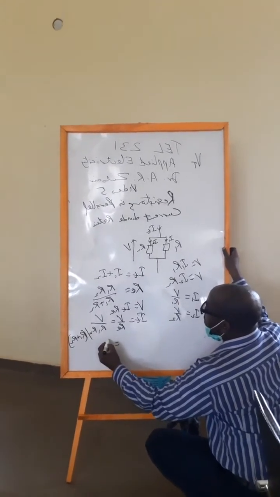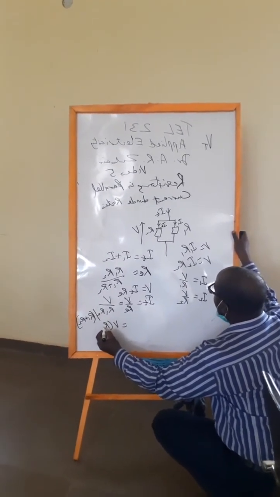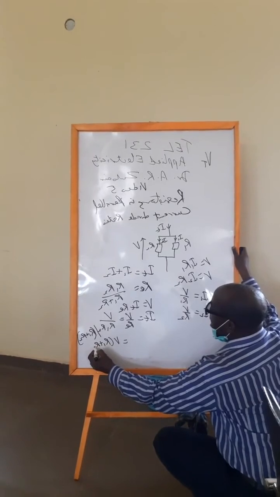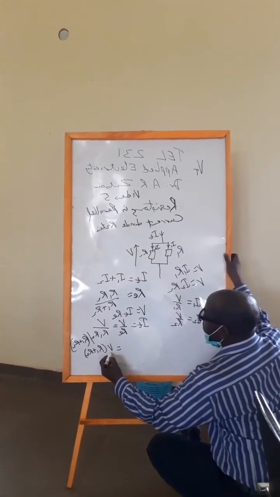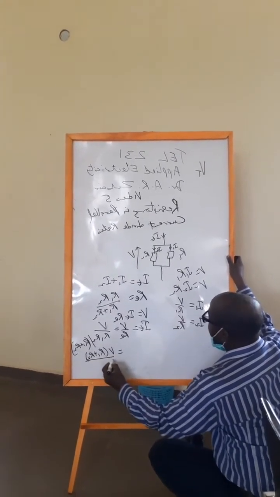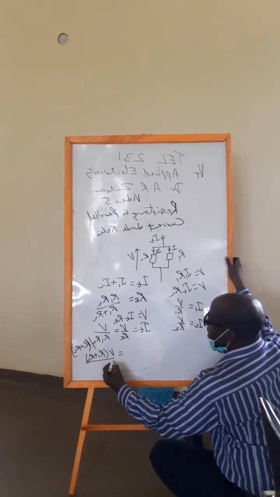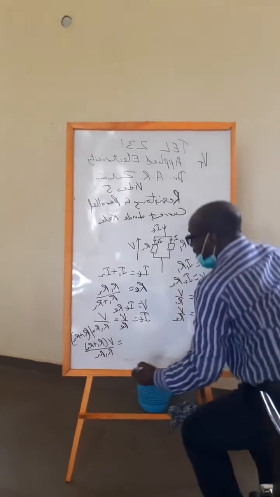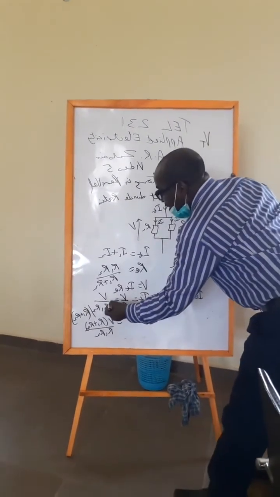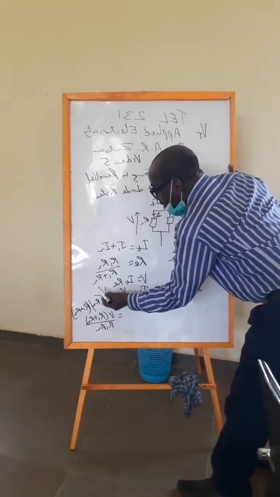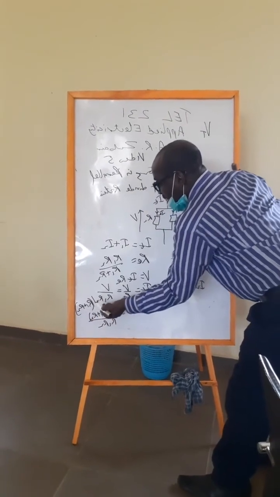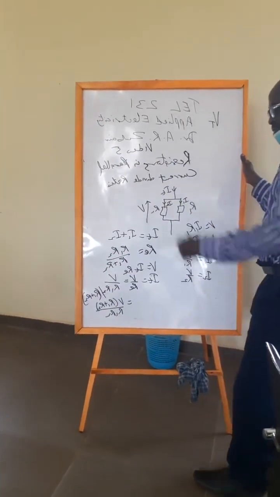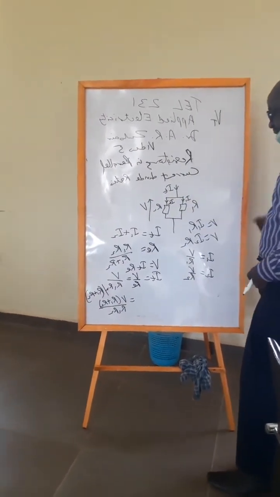This is equal to V times R1 plus R2 over R1 R2. You know that this RE is something over something. When you have something over something over something, this one can jump up. You have noticed that in mathematics.